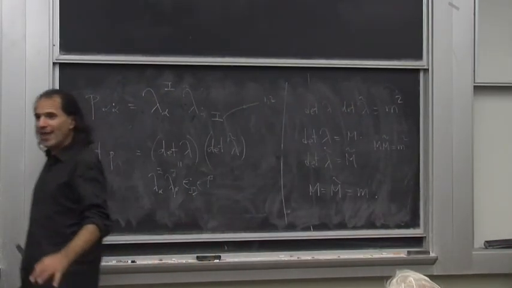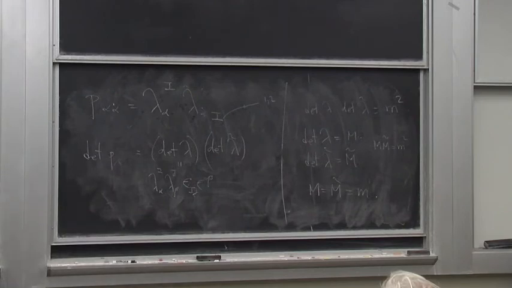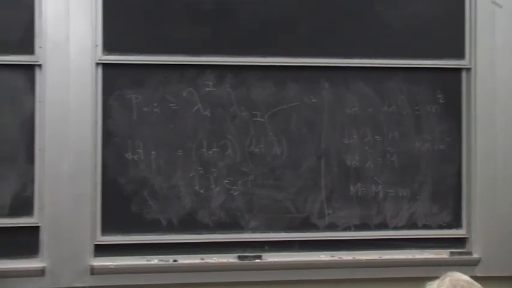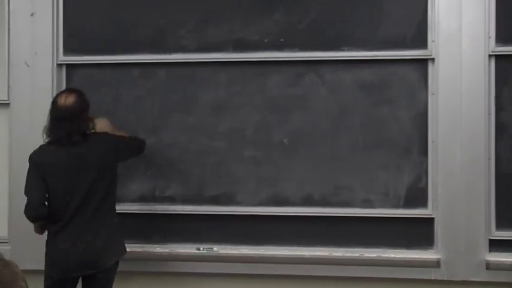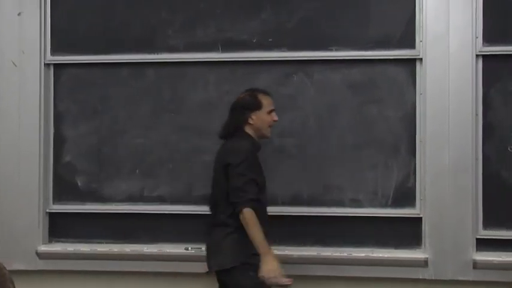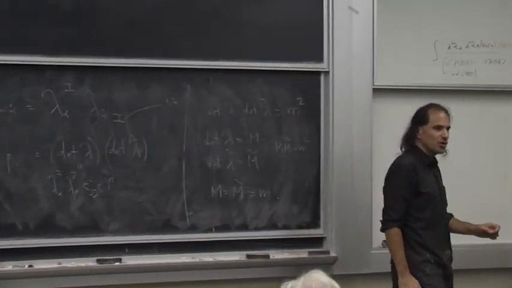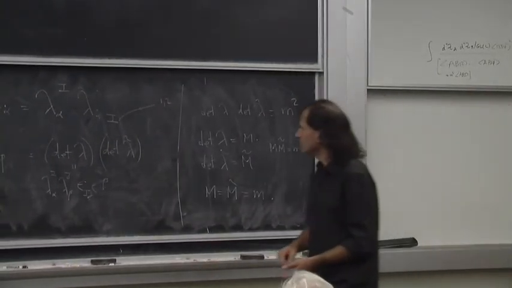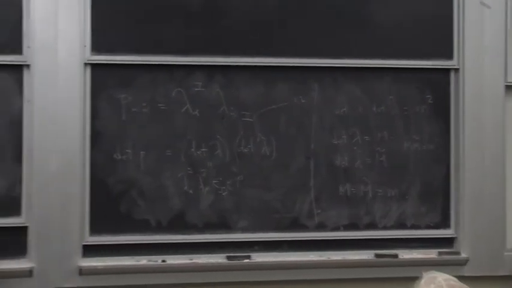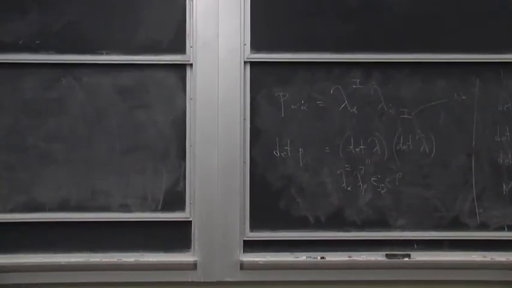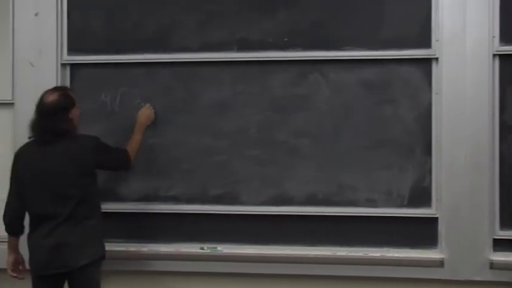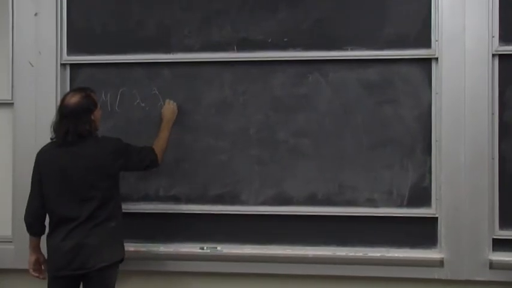But now we have all the tools at our disposal. Okay? Because now, what is a scattering amplitude? Kinematically, a scattering amplitude is a function of lambdas and lambda tildes. So a scattering amplitude is a function of lambdas and lambda tildes for massive particles.